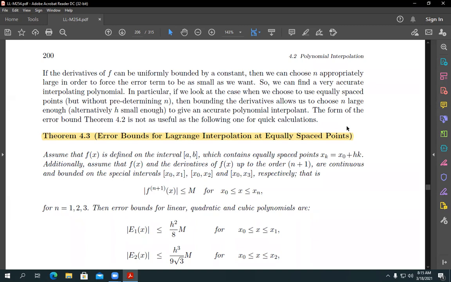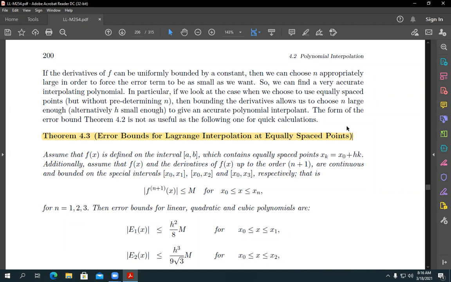And our data points are always needed for the case of chapter number 4. Data points mean the x values that we can choose from. The x values may be given equally spaced or unequally spaced. As I said, Lagrange and Newton polynomials can be used if your data points are equally spaced or unequally spaced.